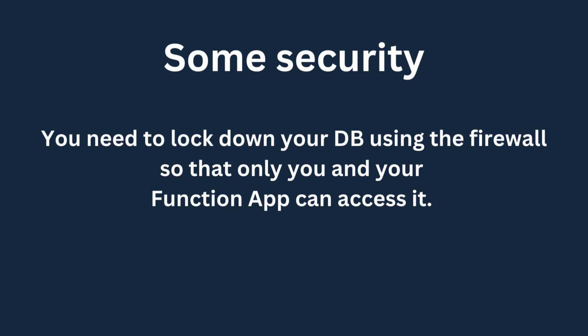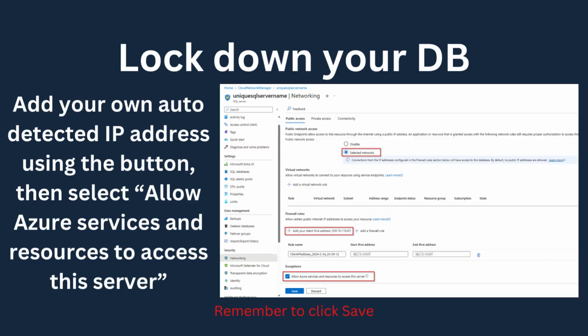Before we go further, you need to make sure that the database is secure so that only you and your function can access it. On the Networking tab of your database server under Public Access, choose Selected Networks. Your public IP should be auto-detected, so choose to allow it. Be aware that if you have a dynamic IP, you may have to update this from time to time to connect to the database.